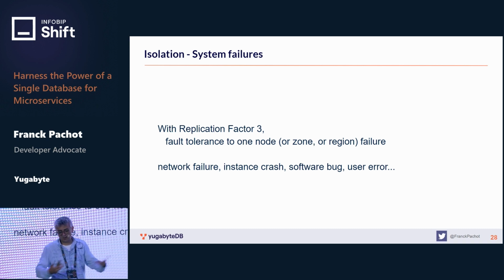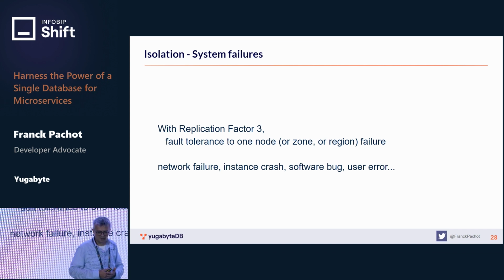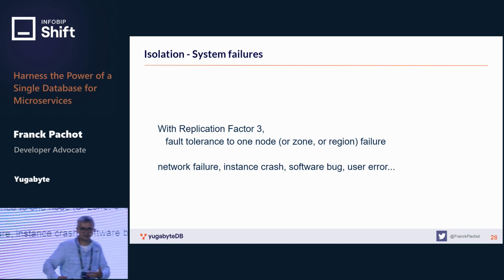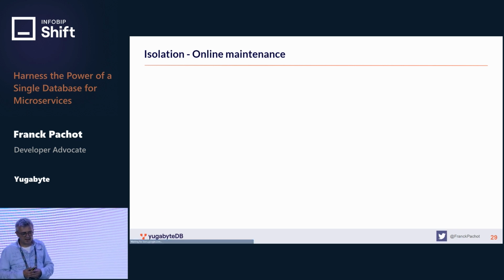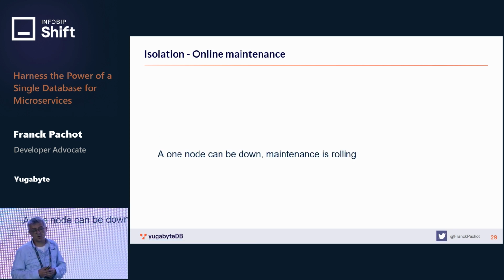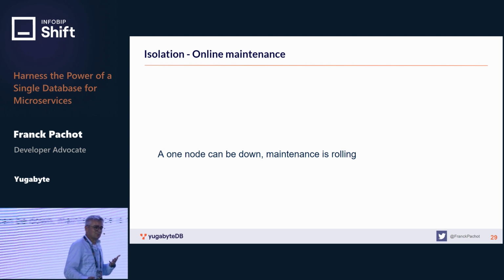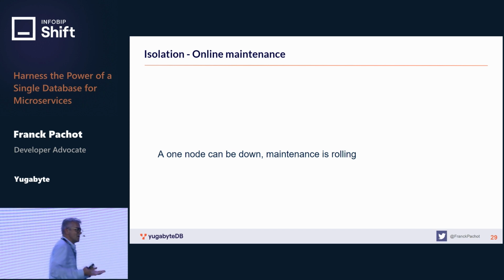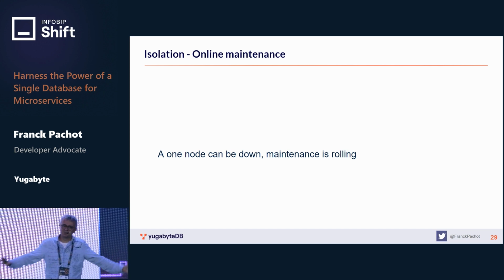I mentioned that with replication, many infrastructure failures, the database is still resilient, still runs. So that's just given. And for online maintenance, you still run on one version of the database, even if it is distributed.